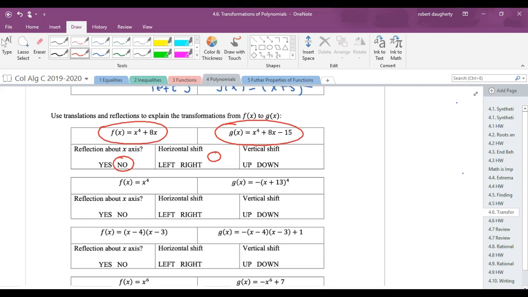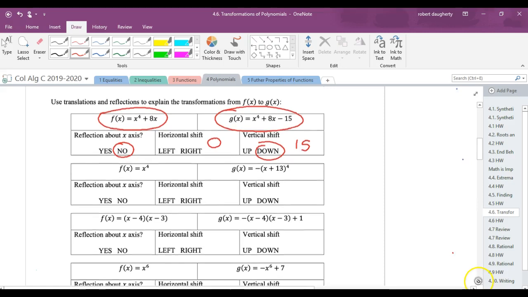But it didn't. So what is the only thing that has happened? To get from here to here, what happened? Yeah, it went down. The graph of that thing went down 15 units. That's all that happened, okay? So this is the same thing we did with the parent functions, doing it with a polynomial. Let's look at the next one.